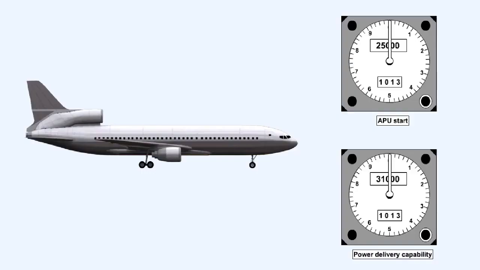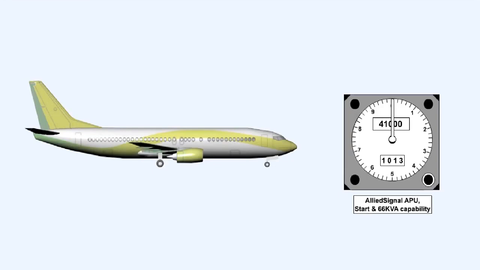While, for example, the L-1011 TriStar can start its auxiliary power unit up to 25,000 feet and has the capability of delivering power up to 31,000 feet, the Allied Signal auxiliary power unit, which is fitted in some Boeing 737 aircraft, has a 41,000-foot start capability and can deliver 66 kVA at this altitude.